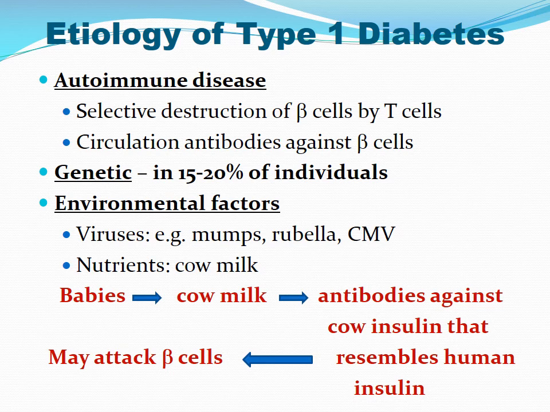Third, environmental factors such as viral infections, such as mumps, rubella, and cytomegalovirus, or nutrients such as cow milk given to babies. Cow milk contains antibodies against cow insulin, which resembles human insulin. These antibodies may attack beta cells secreting insulin, leading to decreased insulin secretion.